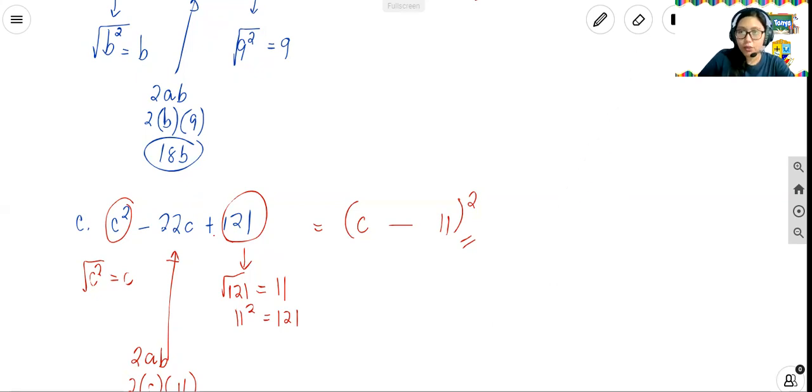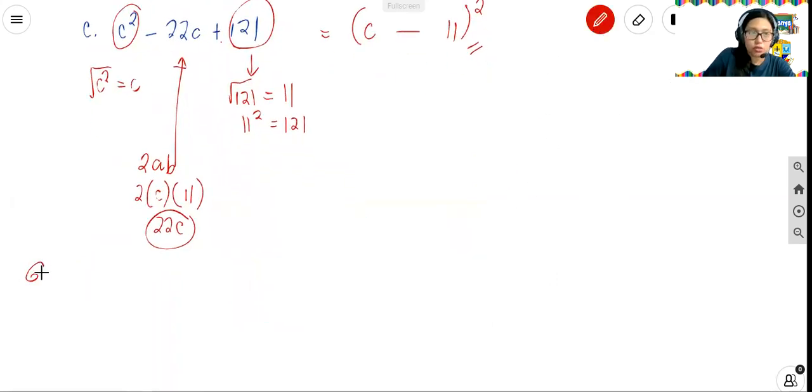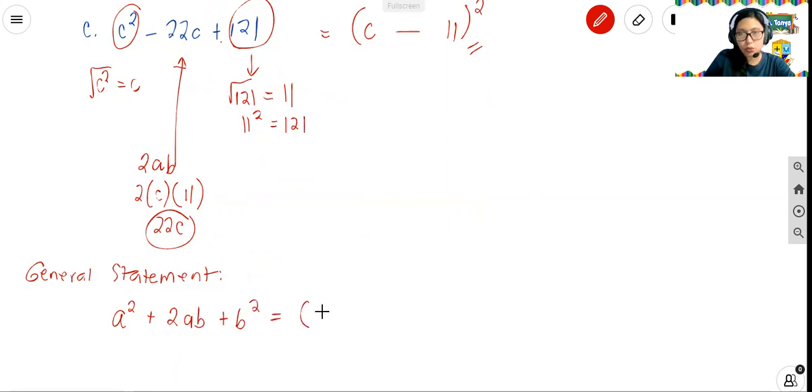So if I would like to give a general statement to this one, here is how it looks like. So general statement. So we have a squared plus 2ab plus b squared is equal to a plus b quantity squared.